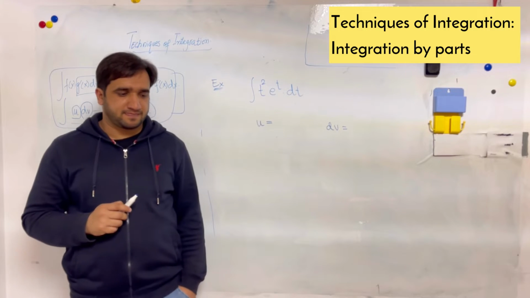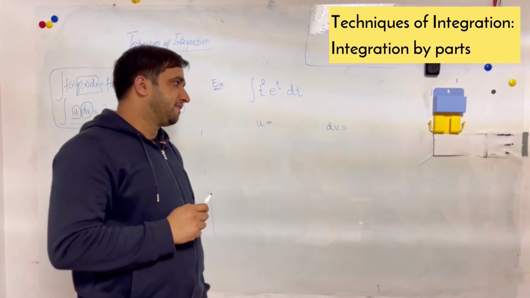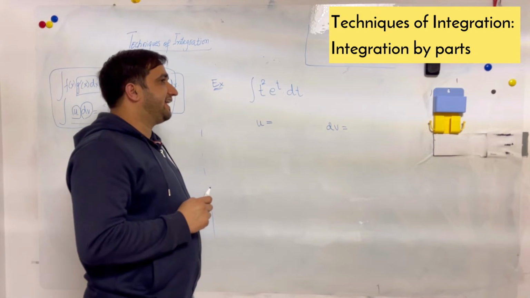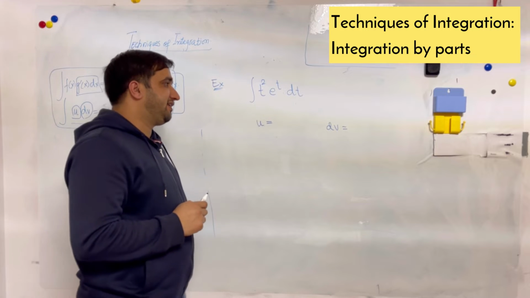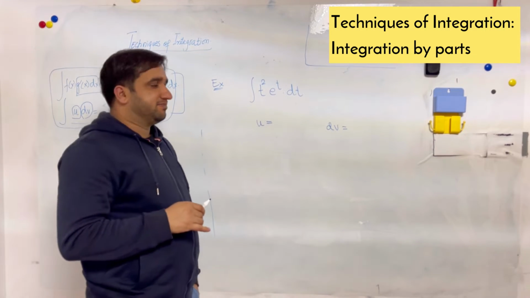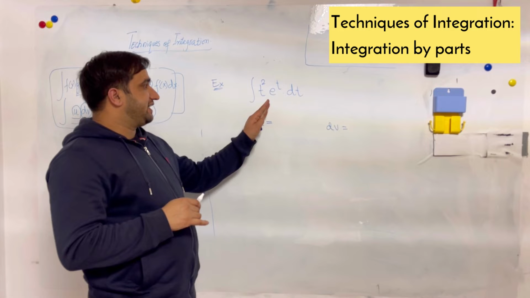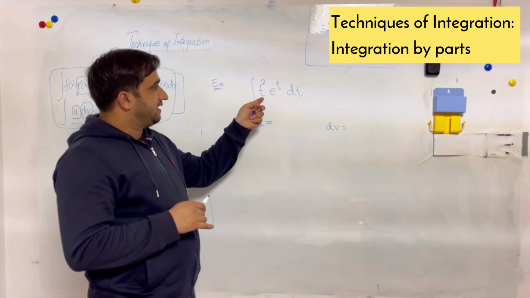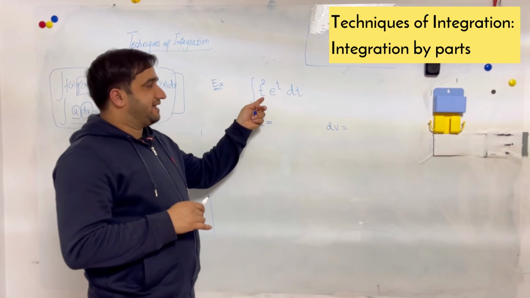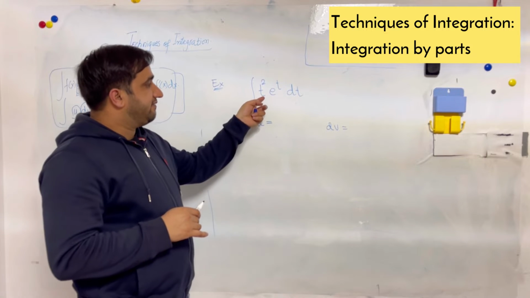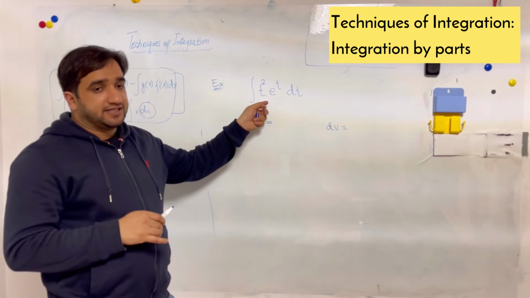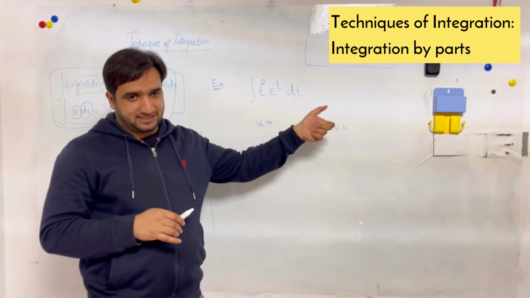You can take anyone and you can try to solve, but if you take dv as t square, when you take the integral of dv, it will become t cubed by 3.